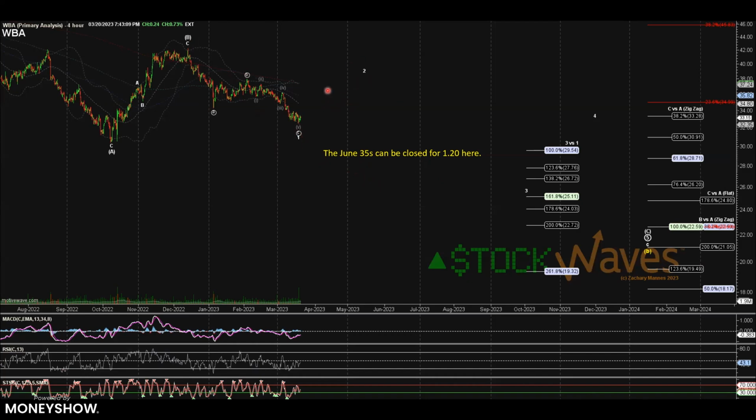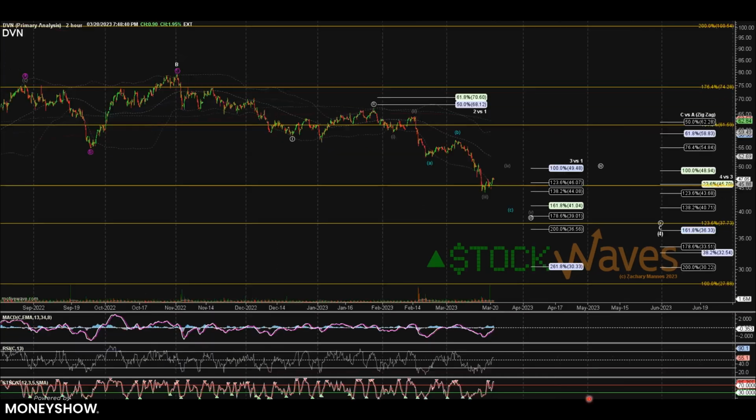And then when we get that clear ABC bounce as more of a wave two, that's another opportunity to restrike, assuming you wanted to continue to hold the shares long. And you could also use the strategy as just selling call spreads instead of selling covered calls as well. So instead of outright shorting or purchasing puts.